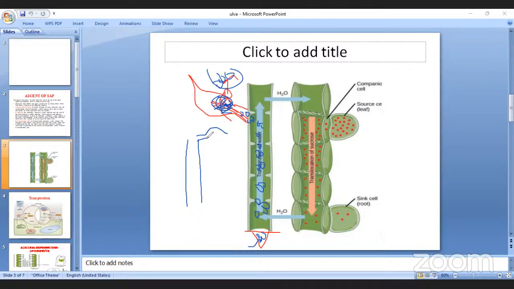This is the column, root. For example, here, this is the first.